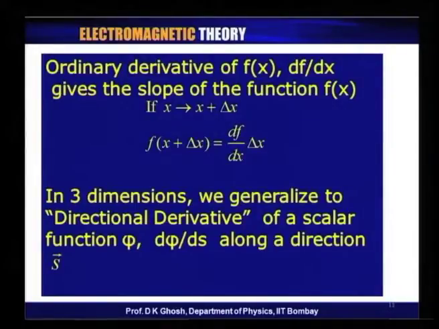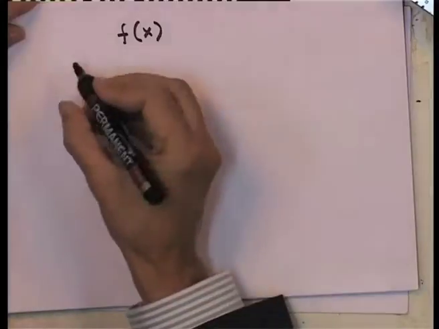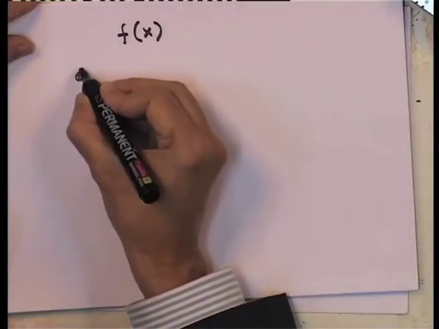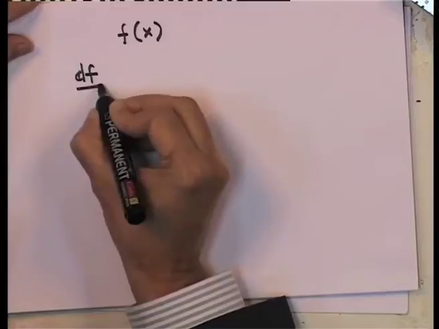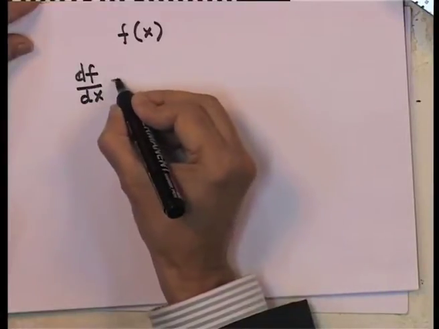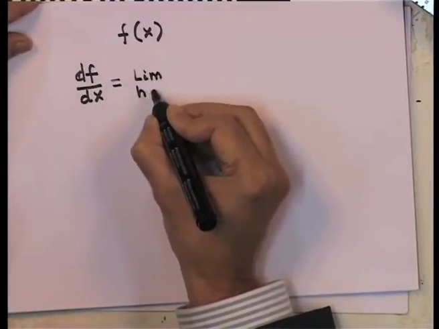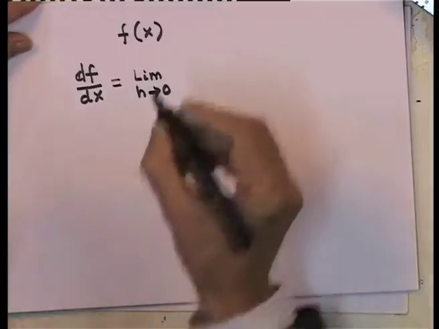If you recall, if f is a function of a single variable x, then we define df by dx at the point x as the limit of the following quantity.